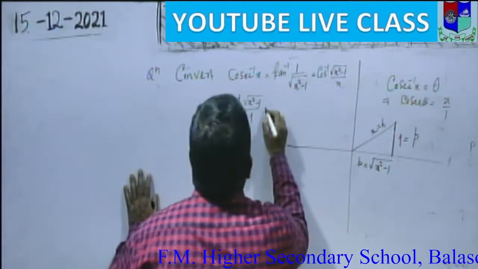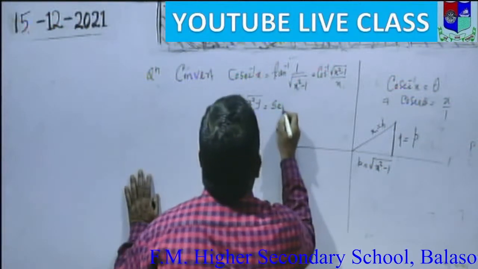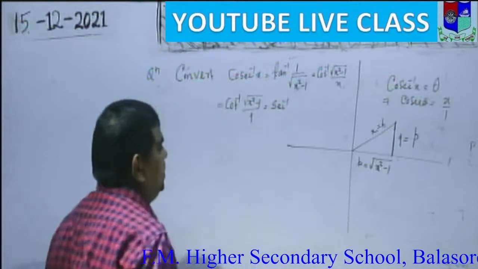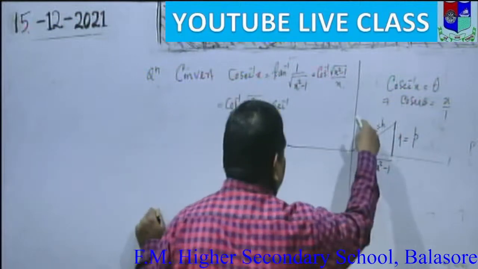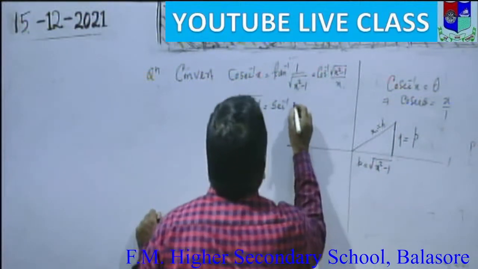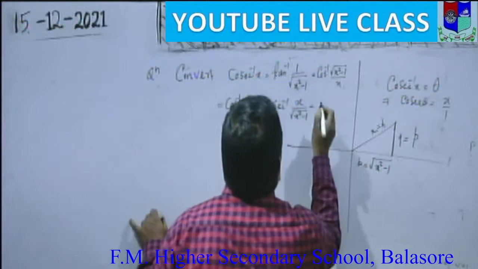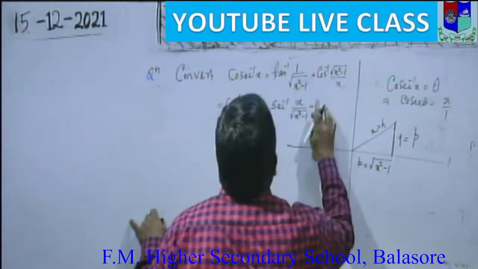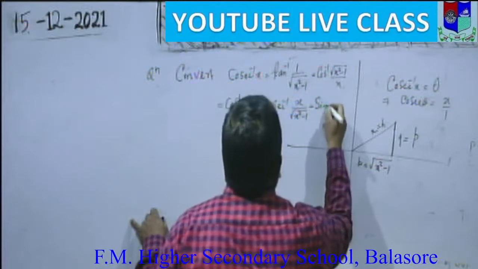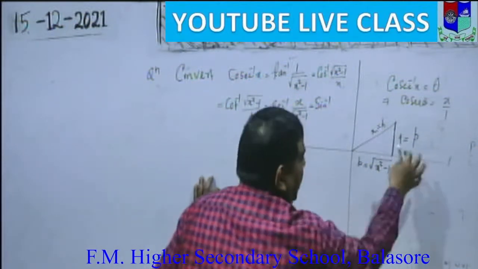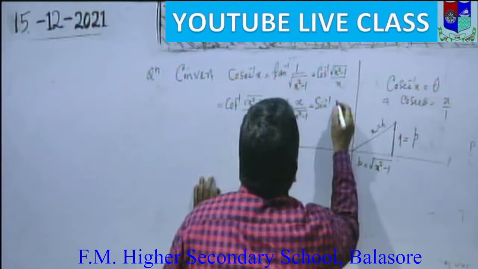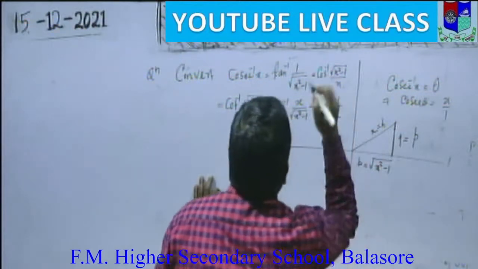What inverse? Your sec inverse. Sec inverse x is your h by b, that is x by root over of x square minus 1. Then your sine inverse. Sine inverse is p by h, 1 by x.